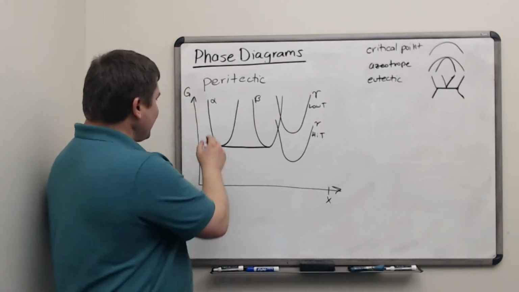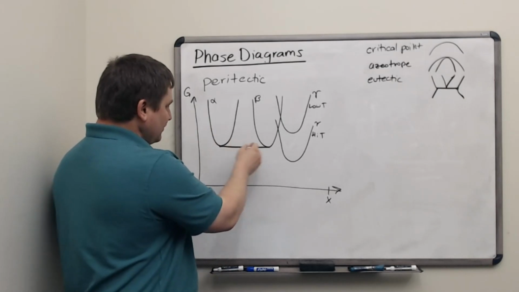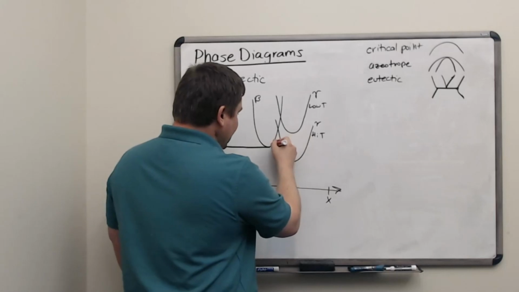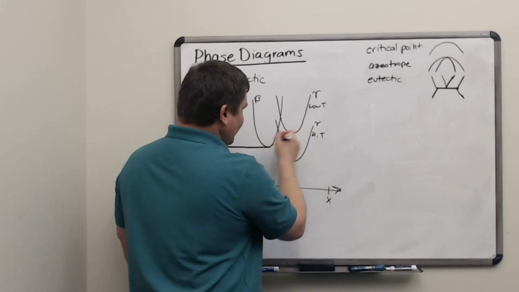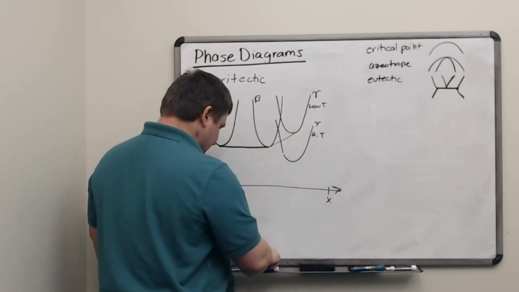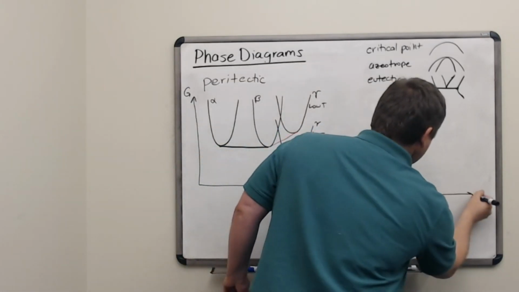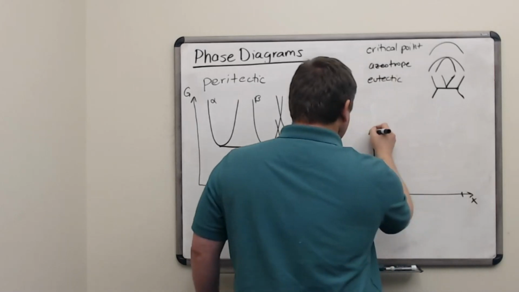At low temperature, we've got alpha, we've got this mixture, convex hull mixture line there, we've got some beta, and then we're going to have another convex hull that we can draw over to gamma. So our phase diagram versus X versus temperature.